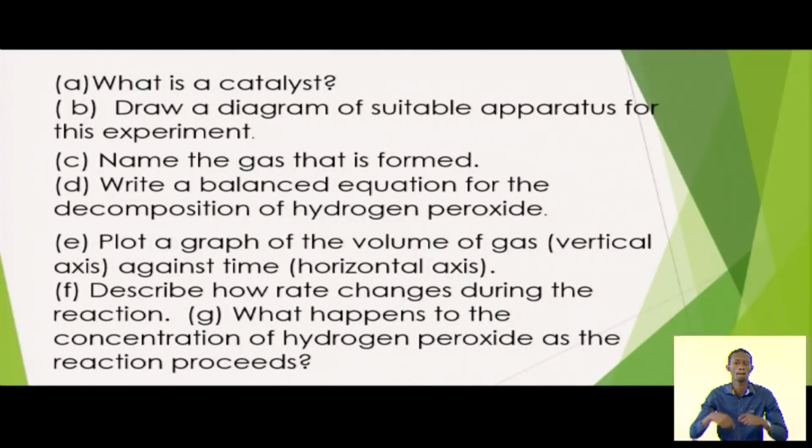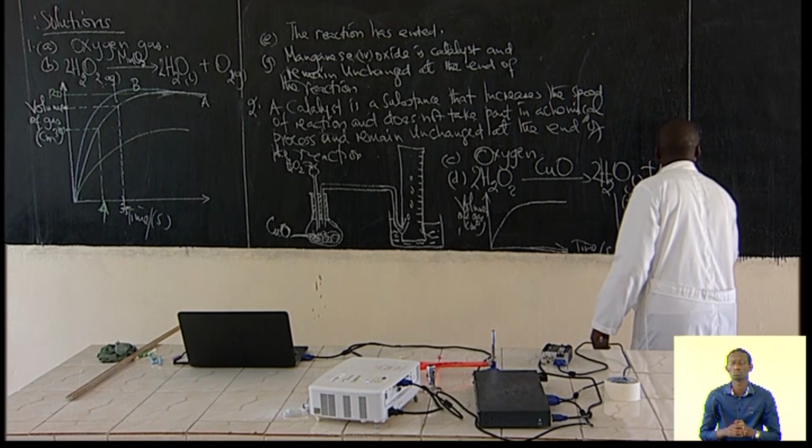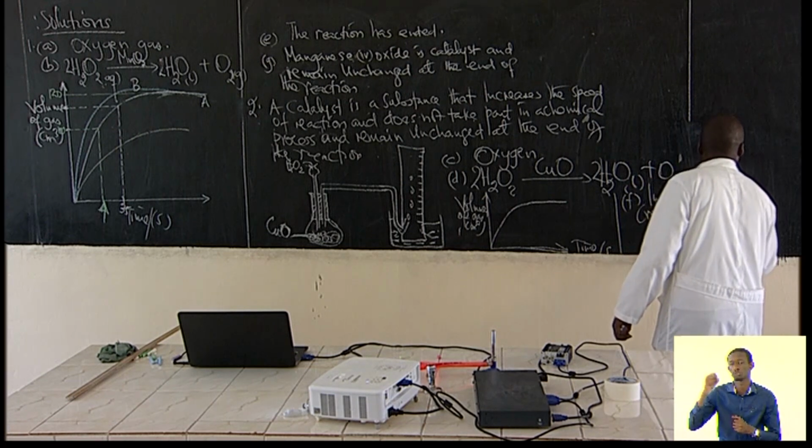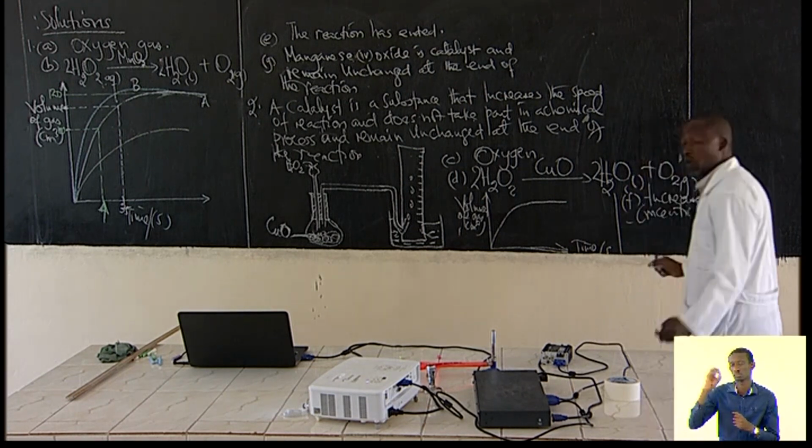I think that is what was supposed to be. How can you increase the rate of the reaction here? We are using a catalyst, so which else? That is part F. You can increase the concentration of hydrogen peroxide, or what else?